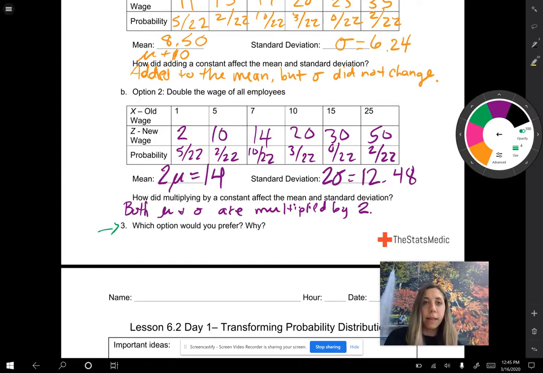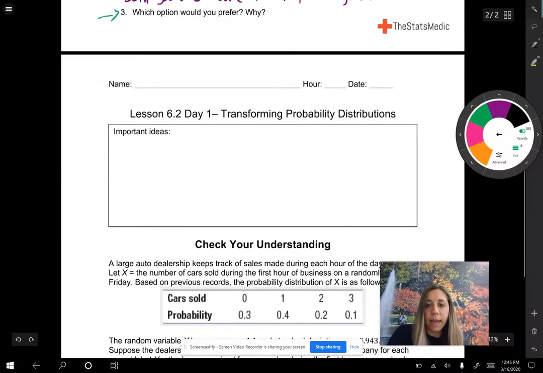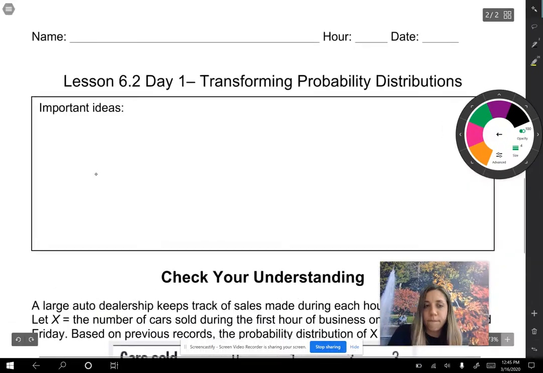More variability gives you the potential for a higher wage, but also a higher likelihood of a lower wage. If you want a more consistent likelihood that you'll get a higher wage of $8.50, then you would probably want to pick option 1.